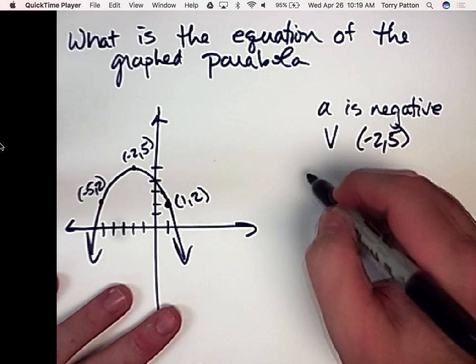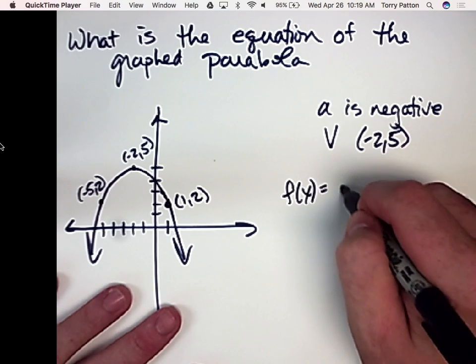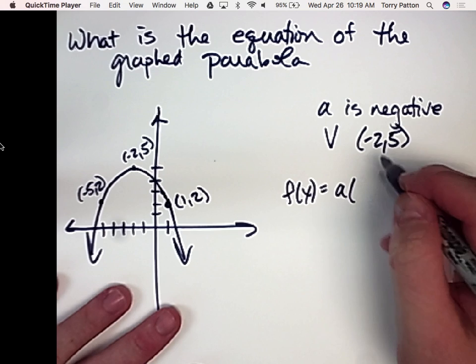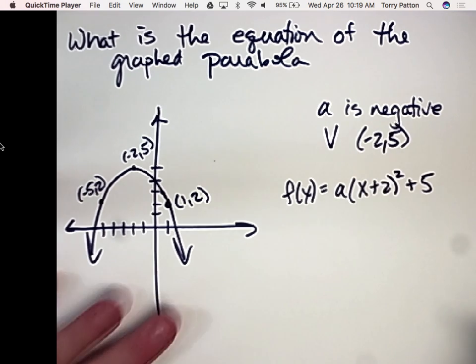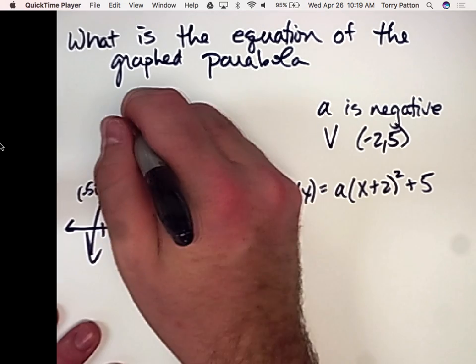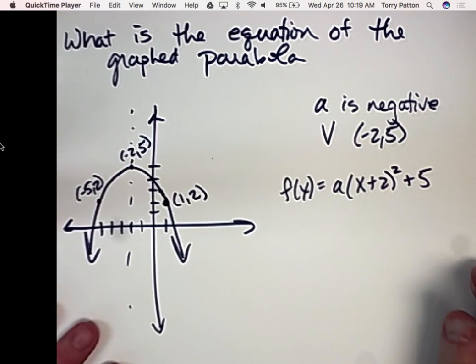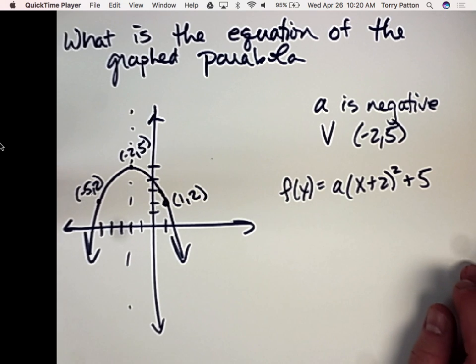So in vertex form, f of x is A, we don't know, except that it's negative, times x plus 2 squared plus 5. Right? And you can do that if you have the vertex, which we do. Okay, and that also gives us x equals negative 2 as the axis of symmetry, which is good. We just need to figure out A. Well, to figure out A, you just need to know one other point.